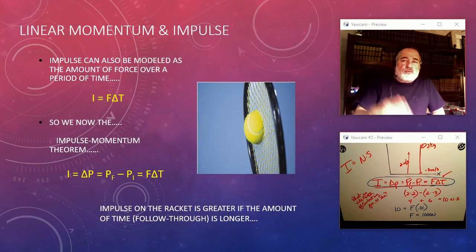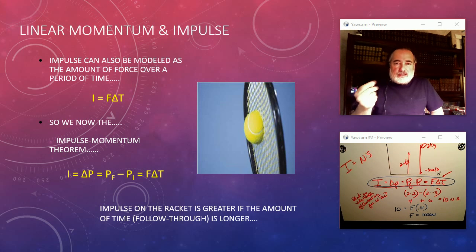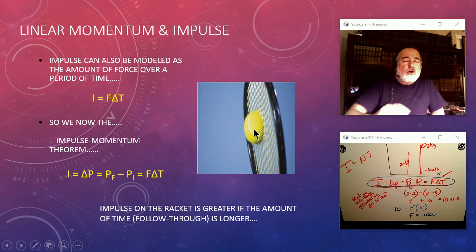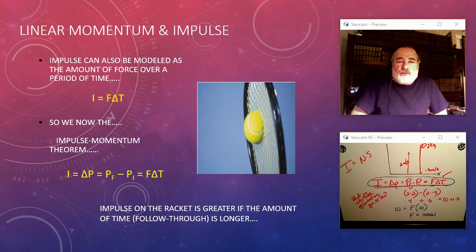If I'm swinging a racket, or swinging a bat at a baseball, I want to follow through so I have a greater amount of time on that particular object, whether it be a tennis ball as you see here, or a baseball or whatever. That would allow for a greater amount of force to impart. The impulse would be greater.